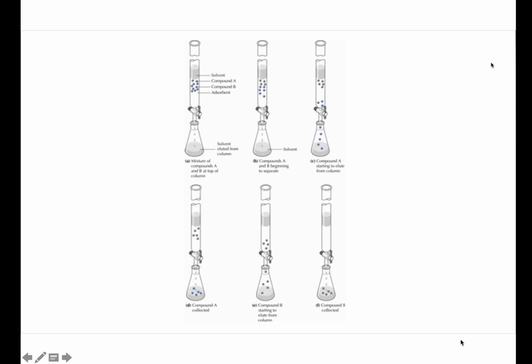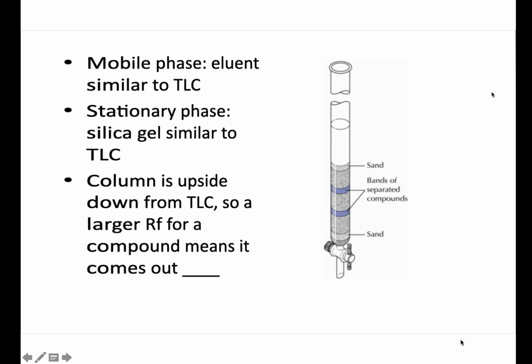So we have to play with the polarity in a range that allows a better separation. Like you see here, the process of separation is starting and going on. They are both on the stationary phase and they are both moving downward at a different rate.